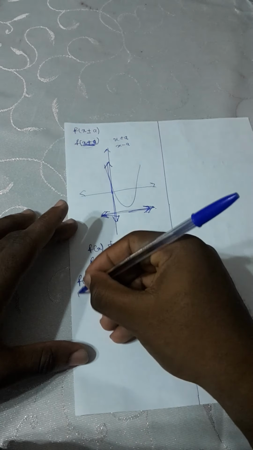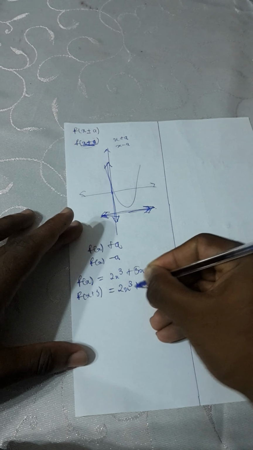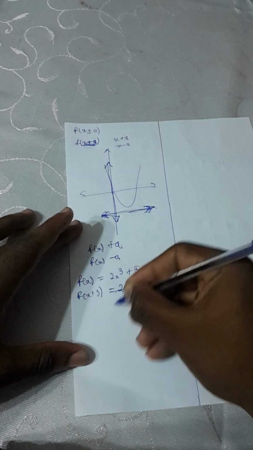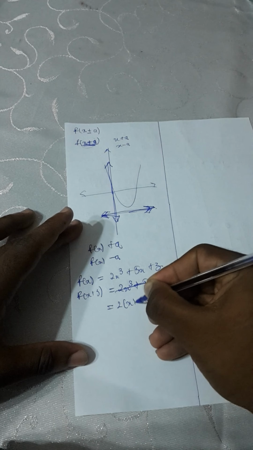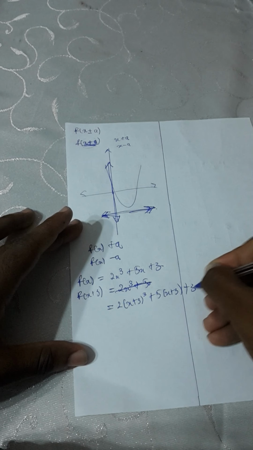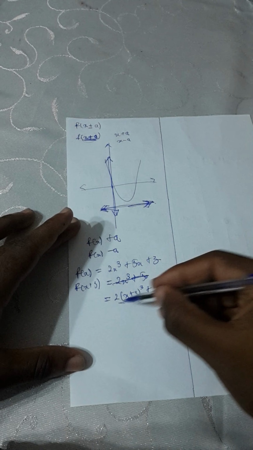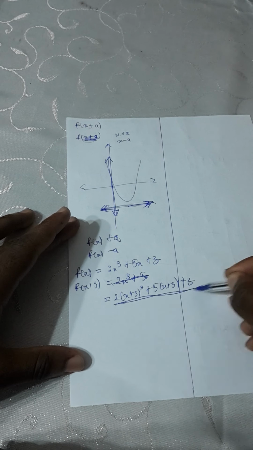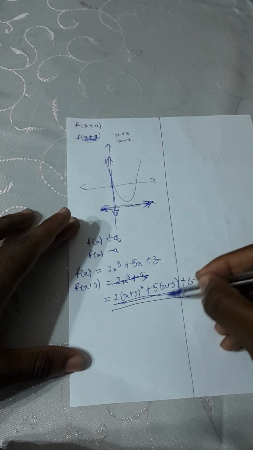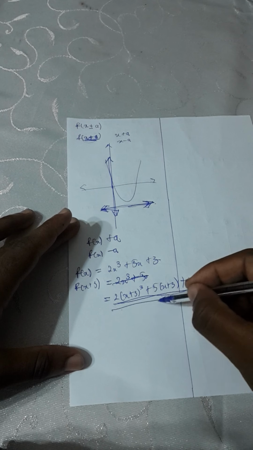Now, if I have f of x plus 3, it's going to be 2 into x plus 3 cubed plus 5 into x plus 3 plus 3. If they are asking me to find the curve that this is going to produce, I'm going to go back behind.